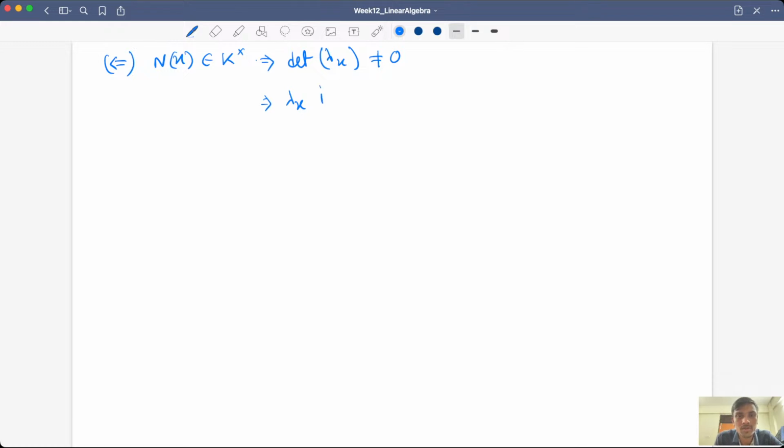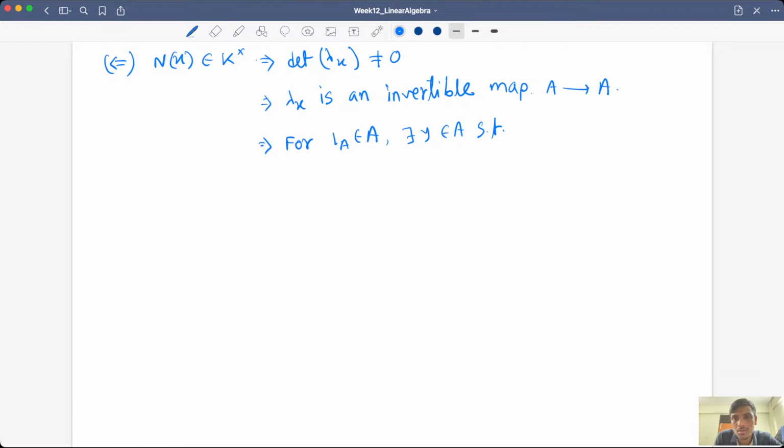So this is an invertible map from A to A. In particular, as 1A belongs to A, there exists y belonging to A such that lambda x of y equals 1A, just by surjectivity.